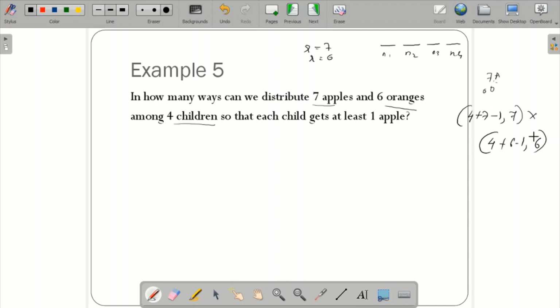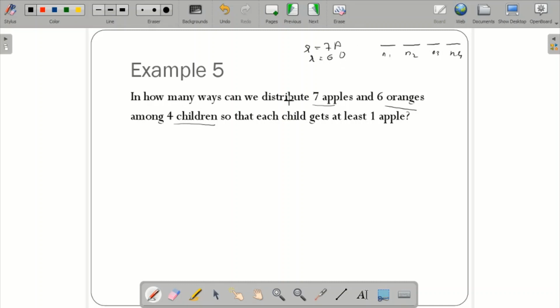So this is the answer if there was no constraint. It is happening simultaneously, right? Because 7 apples I need to distribute among 4, and 6 oranges also among 4. So this would happen only if there was no condition at all. Now we have 4 children, we have 7 apples and 6 oranges.